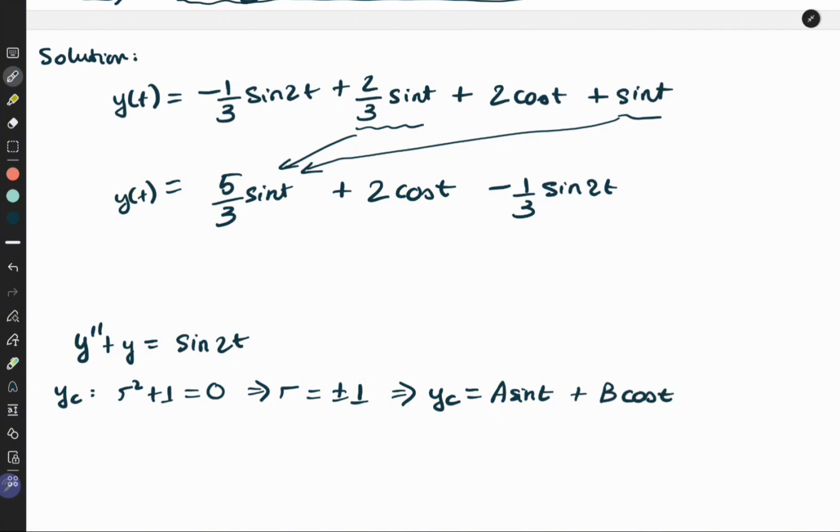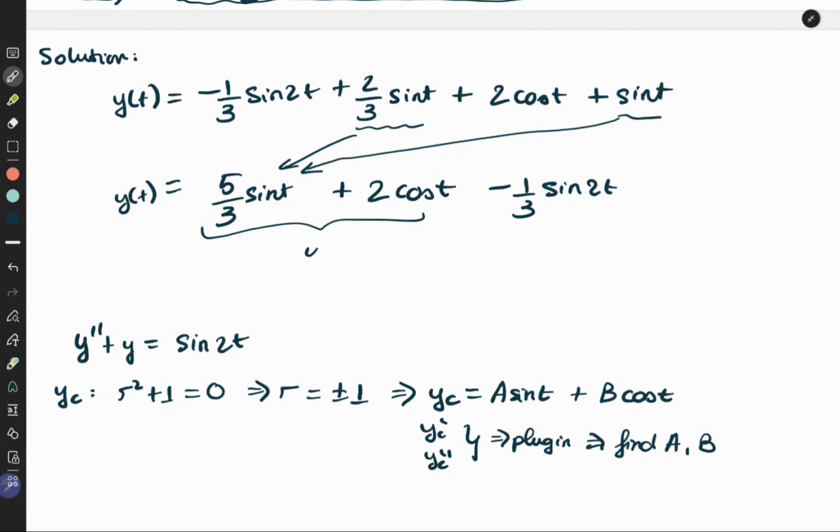And then you take the first derivative, second derivative, and then you plug in, then find a and b. Then you have your general solution. That would be these two.